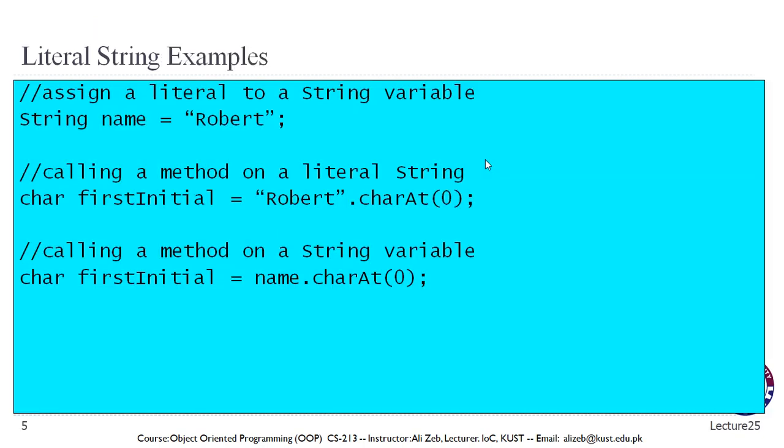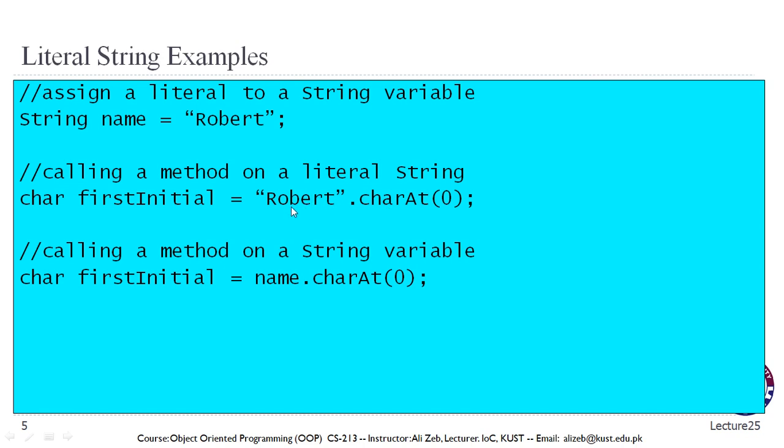For example, you have a string that is initialized to a name, but it's a literal string. We can assign it to a variable if we want to, or we can directly call the string methods on this literal string.